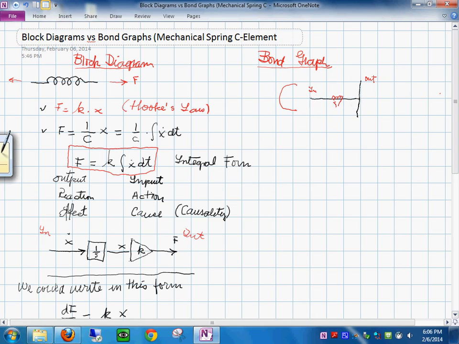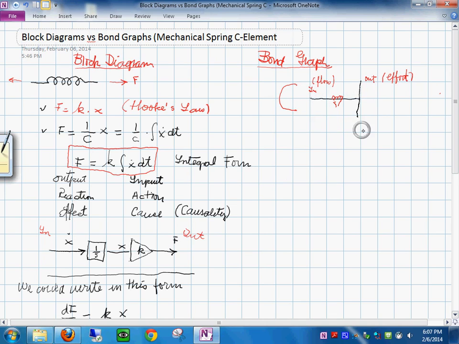You make an effort to push to the right. So we're going to call this out variable, we're also going to call it effort. Yeah? And this variable that comes in, we're going to call it flow, the one that is on the other side of this little piston. Okay?